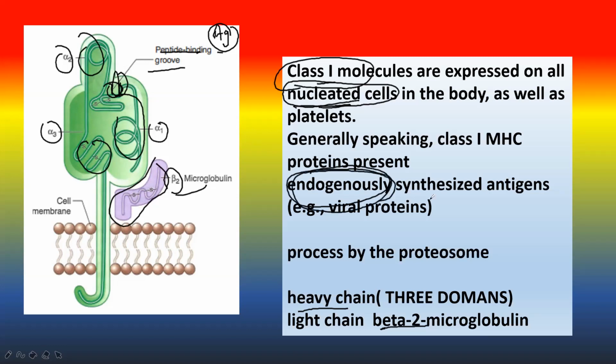The synthesized antigen, for example some viral protein. All liver cells have MHC1, which is a protein produced inside the cell. All liver cells have the ability to express MHC1. Understand? Not just liver cells, all body cells.